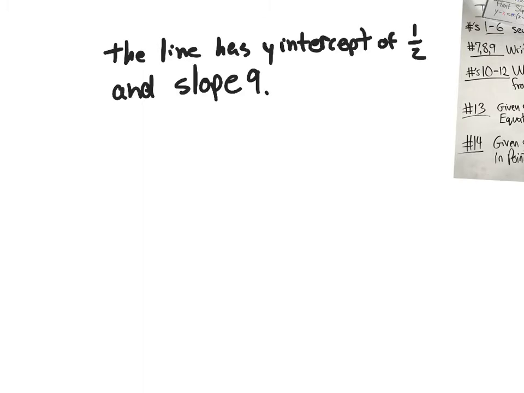Let's say this is the question. I tell you the line has the y-intercept of 1/2 and the slope of 9. And I tell you to write it in slope-intercept form. The answer is y equals 9x plus 1/2. That's slope-intercept form.